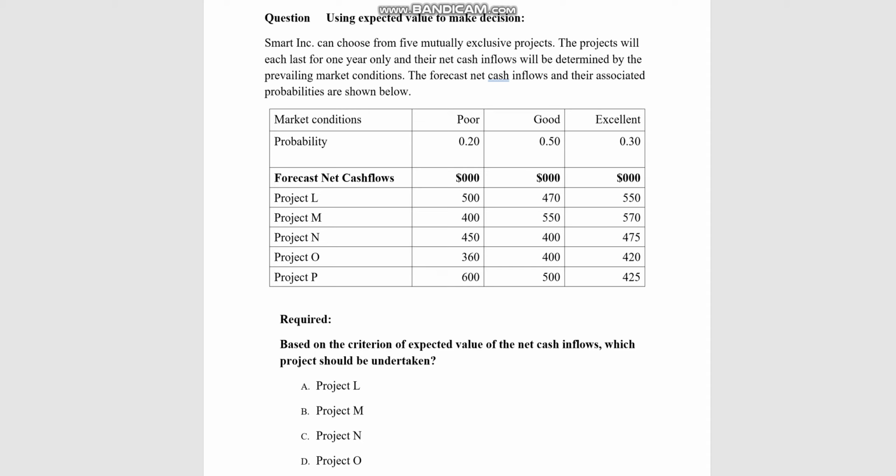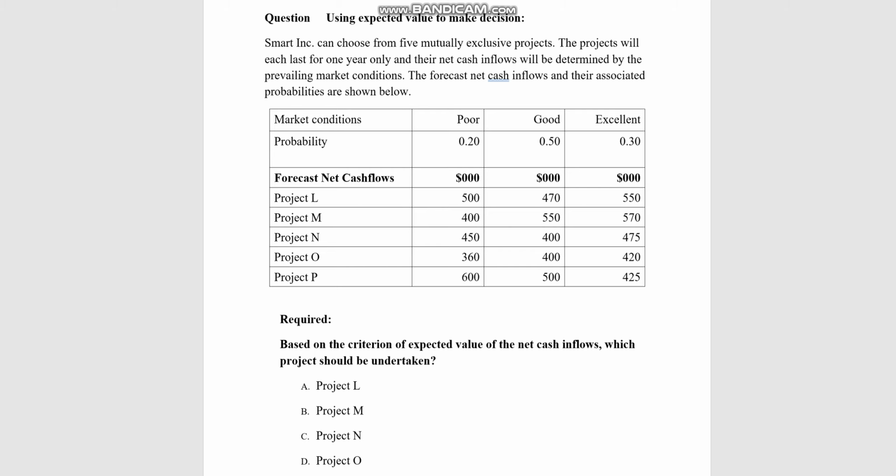Then we are also given in the table below forecast net cash inflows in thousands of dollars about the 5 projects under consideration which are mutually exclusive. Project L, M, N, O, and P, and their cash flows are given right in front. Requirement is based on the criterion of expected value of the net cash inflows, which project should be undertaken.